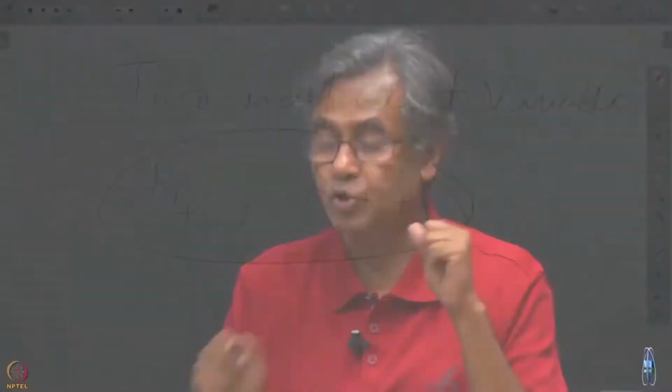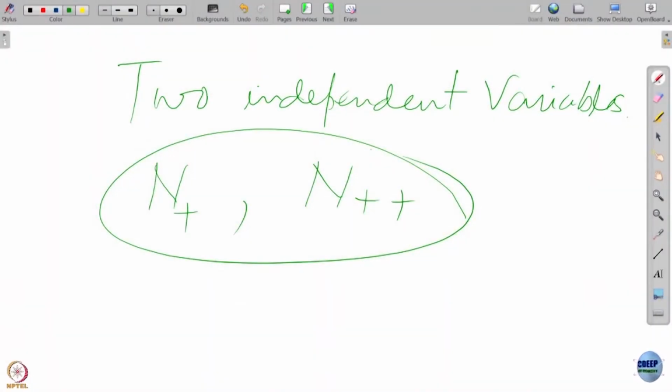I will eliminate all those other variables, and I will express n plus minus, n minus minus and n minus in terms of capital N, my total number of spins, and these 2. So, once I can do that, I can now write the Hamiltonian in terms of only these 2 variables. Still, everything is exact.